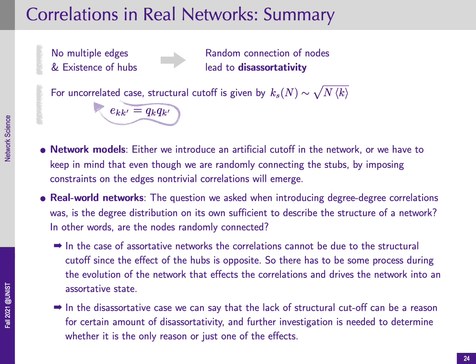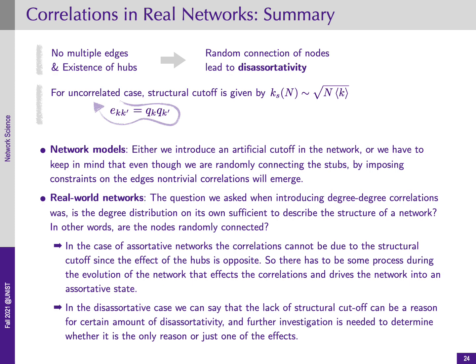Okay, and in empirical networks, the question was, is the degree distribution sufficient on its own to describe the structure of a network? Are the nodes really randomly connected? So in the case of assortative networks, the correlations are attributed to some genuine origin.